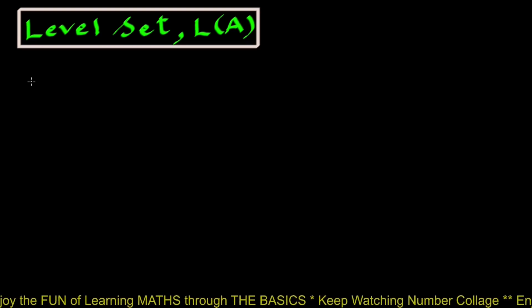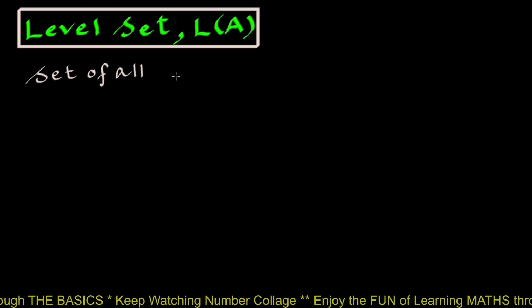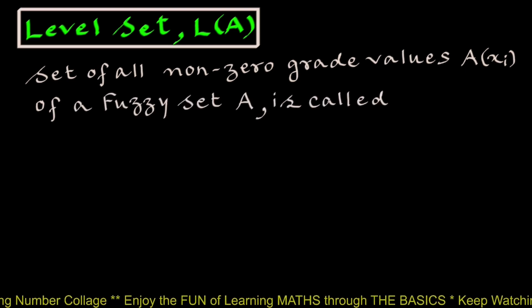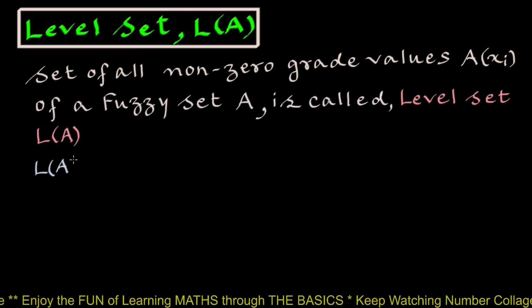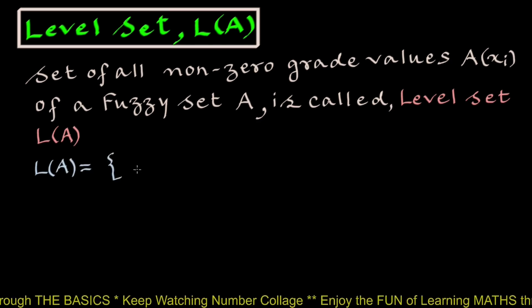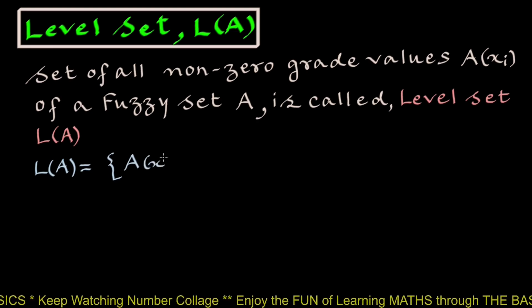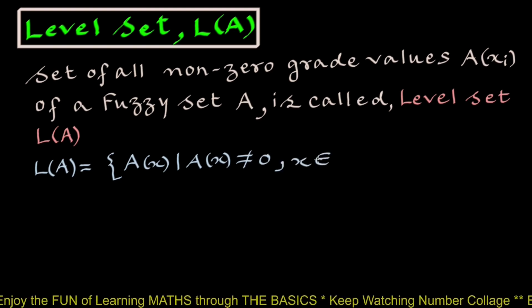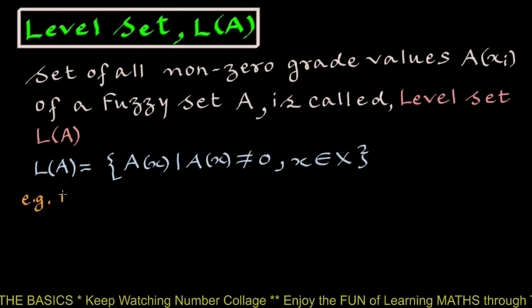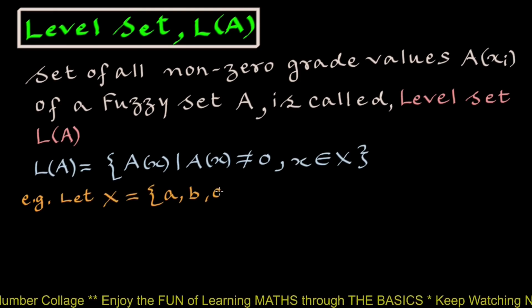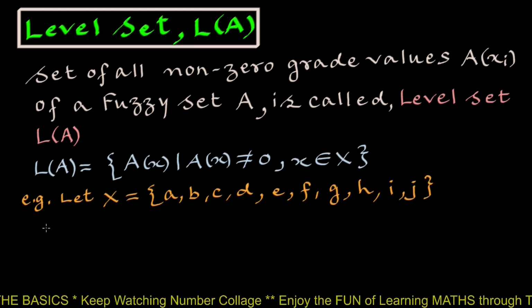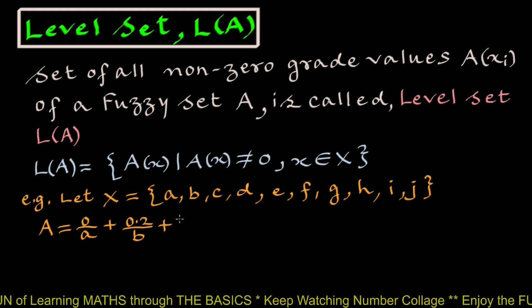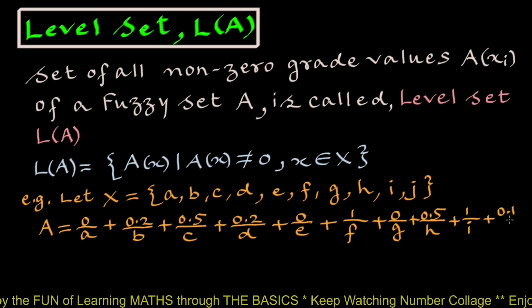Level set L of A is the set of all non-zero grade values A of xi of a fuzzy set A. Mathematically, level set of A is defined as the set of grade values A of x such that A of x is non-zero, where x belongs to capital X. For example, let X equals a b c d e f g h i j, and fuzzy set A is 0 upon a plus 0 upon b plus etc. plus 0.1 upon j.